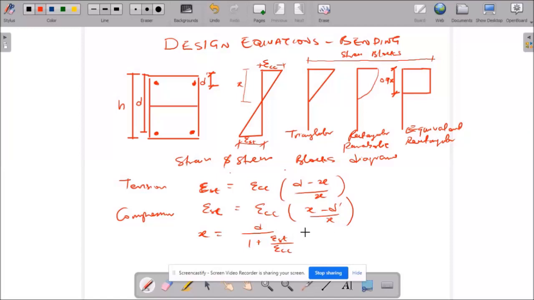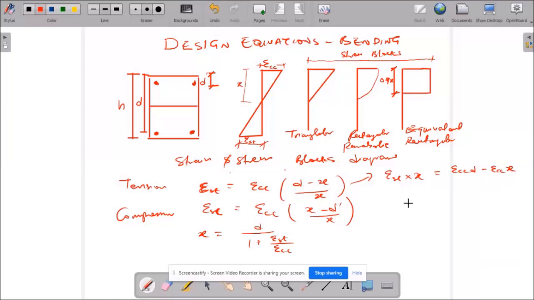How did we arrive at this? From here, we make x the subject of formula. We multiply this by this, so we have Est multiplied by x is equal to, expanding, Ecc d minus Ecc x.